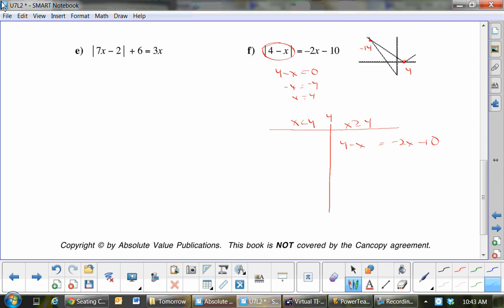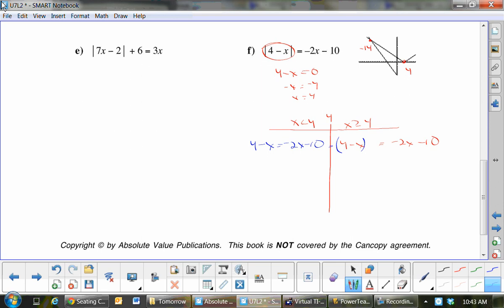What's happening different in this one? We have to put the negative to this side to make sure everything's positive. Okay? So we're still going to set up the chart the same, but it actually sometimes affects the question differently. And when x is less than 4, say 3, 4 minus 3 is 1. See, when it's less than 4, we can just leave it as 4 minus x equals negative 2x minus 10.